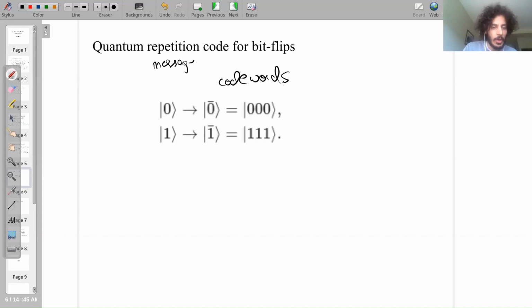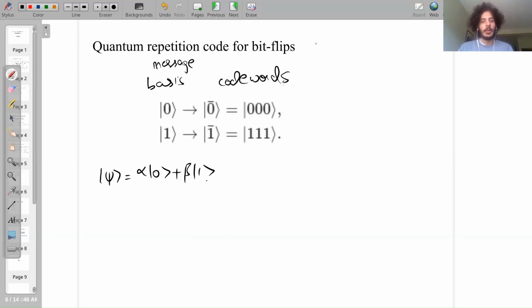Remember in the classical case, we just saw that there were only two possibilities. Alice can either send a 0 bit or a 1 bit. But in the quantum case, what Alice can send is obviously psi equals alpha 0 plus beta 1.